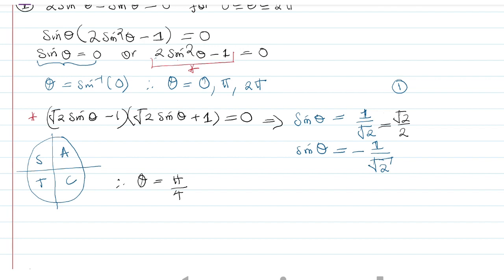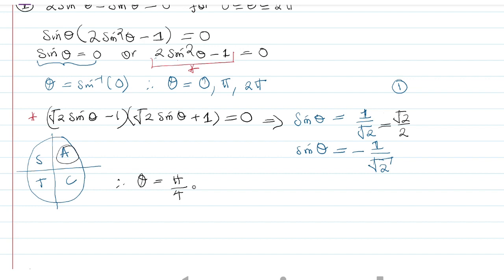Okay, so we have pi over 4, but remember pi over 4 is in the first quadrant. So we have to look for the corresponding angle in the second quadrant. Why are we looking for the corresponding angle in the second quadrant? Because sine is positive. So sine is positive here and sine is positive here.